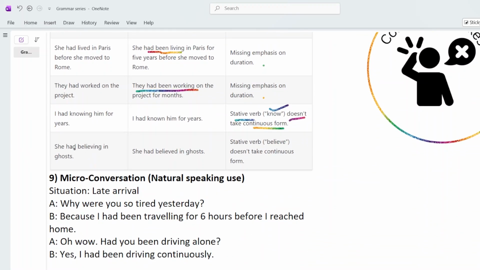All right, let's look at a second example. She had believing in ghosts. No, believe again is a stative verb, something that someone believes in. So they don't take the ing form. She had believed in ghosts.